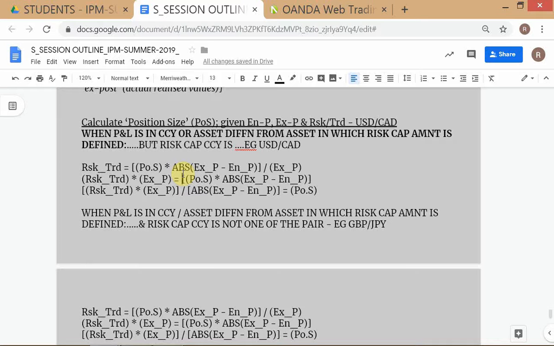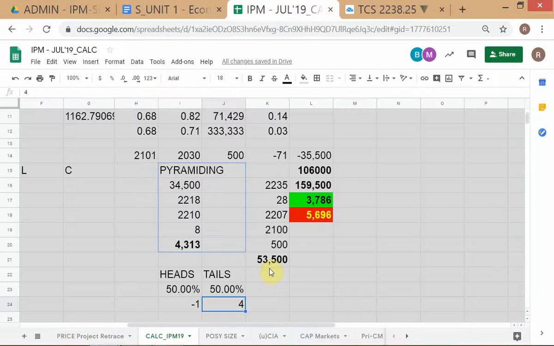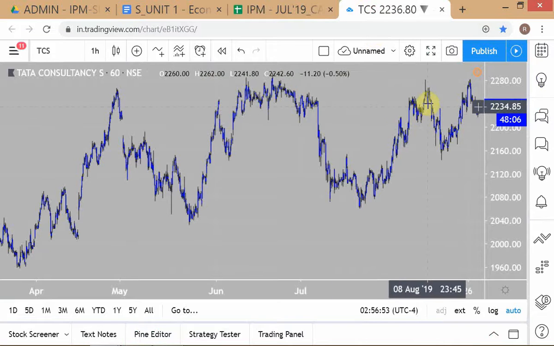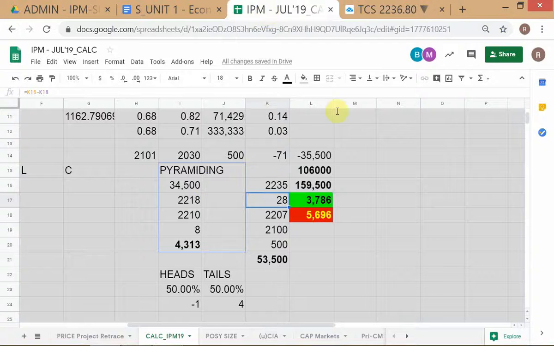So every time you do a calculation like this, you have to be careful about this. What were the calculations we were doing? Remember how we are connecting position size to risk capital? We said that if you go long TCS at 22.35 and you stop it out at 22.07, you are losing $28 per share. And then you can afford to lose only $106,000.